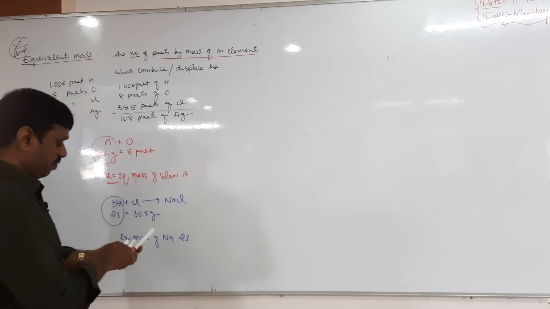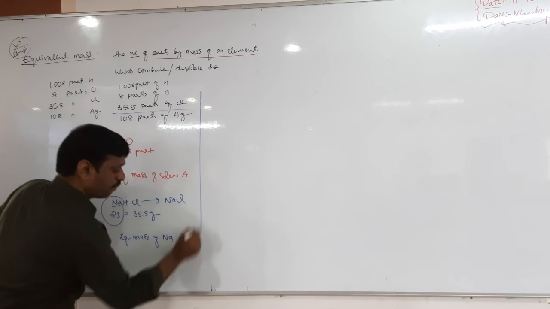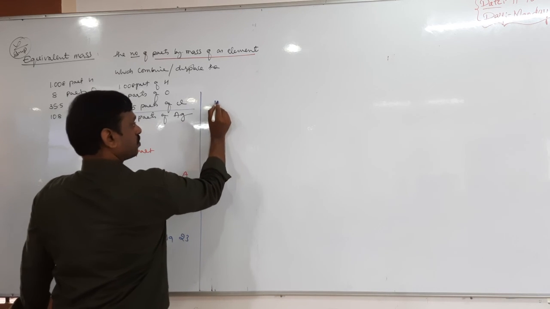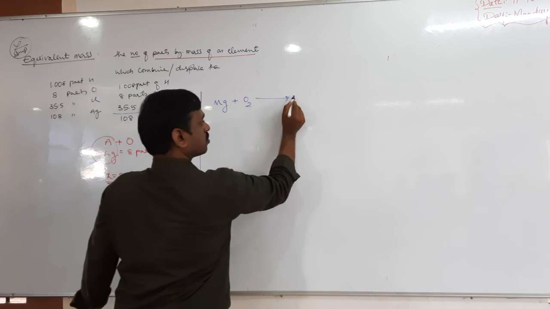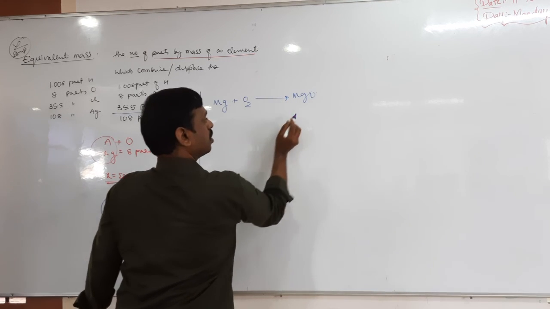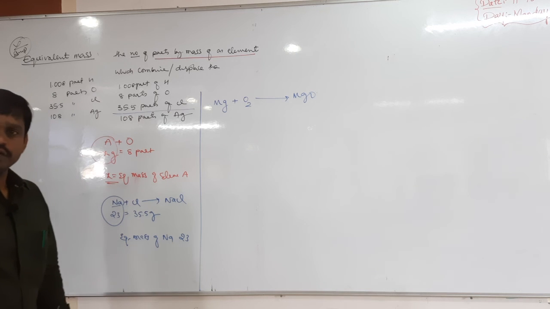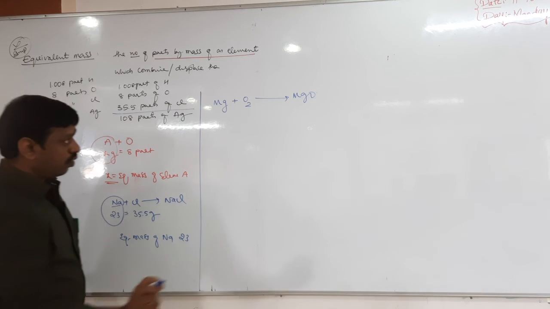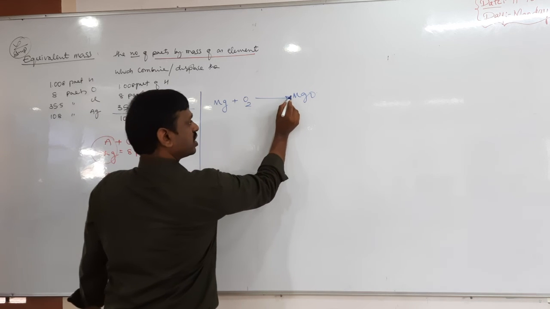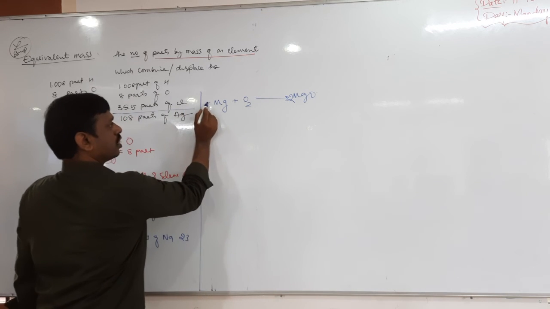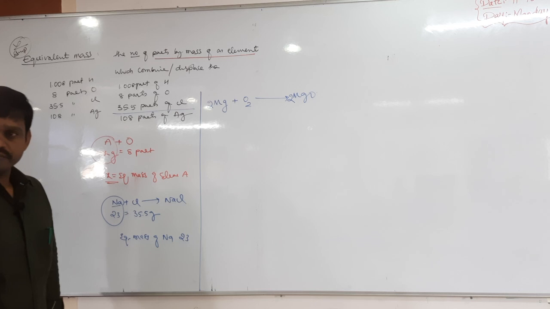For example, now tell me, let us take magnesium. Magnesium combines with oxygen, it forms what? Magnesium oxide. Now tell me, in this equation, balance it. It is 2 magnesium, 2 magnesium, balanced.